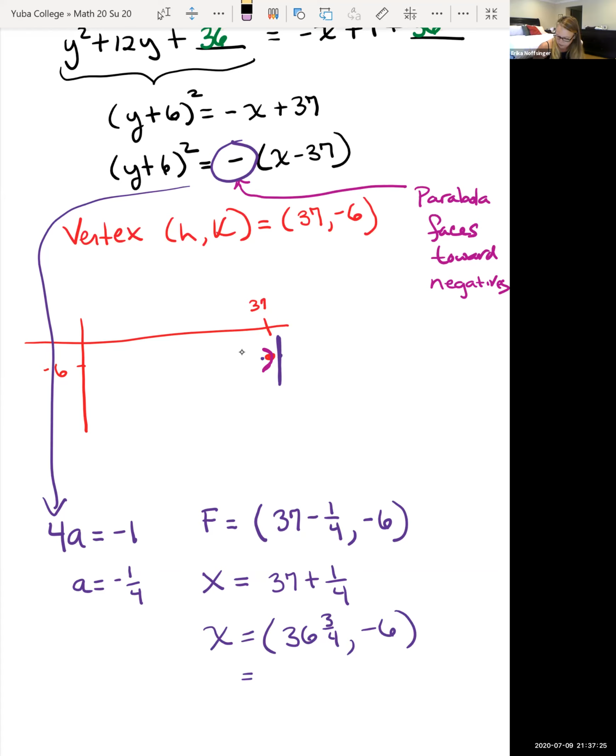Oops, sorry. So x is equal to... no, that's our focus. So this would have been 36 3/4, negative 6. Or x is equal to 37 1/4.